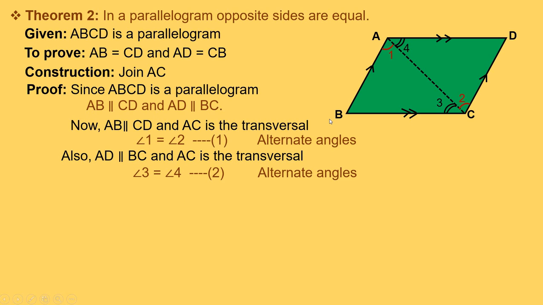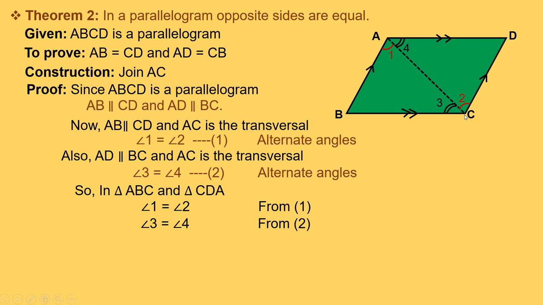So, in triangle ABC and triangle CDA, angle 1 is equal to angle 2 from equation 1. Angle 3 is equal to angle 4 from equation 2. And AC is equal to CA, which is common to both the triangles.